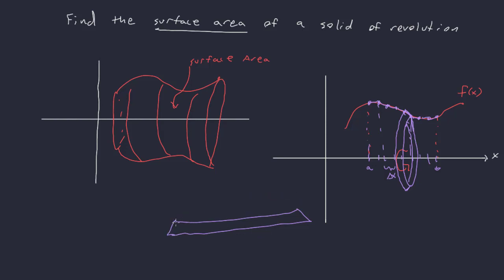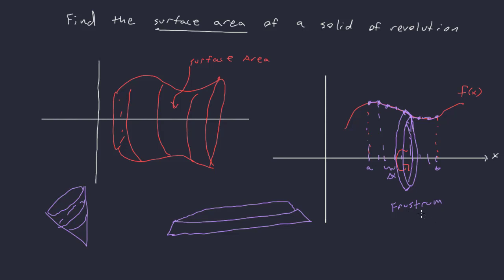Of course I can't draw very well, but it's what's called a frustum. Basically it's if you take a cone and you hack a piece of it out. That's what this shape ends up being. It's called a frustum.